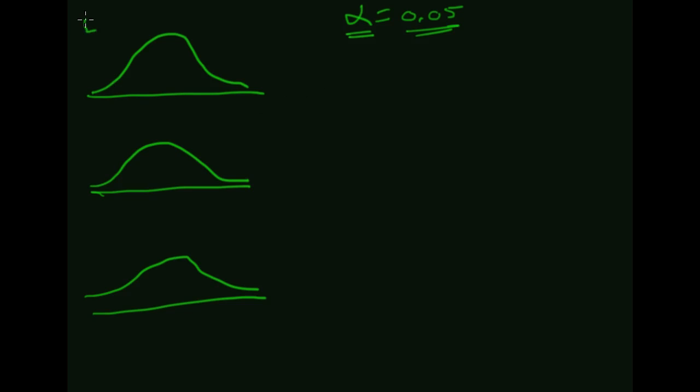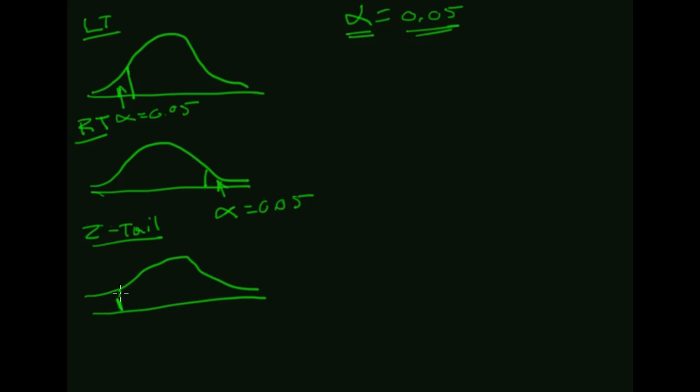Okay, and we're going to have what are called a left tail, a right tail, and a two-tailed test. We only want to have error in particular places. So in a left-tailed test, I only want the error to happen if it's to the left of where I want to be. So my alpha of 0.05 will be there. In a right-tailed test, I want my alpha of 0.05 to be on the right.